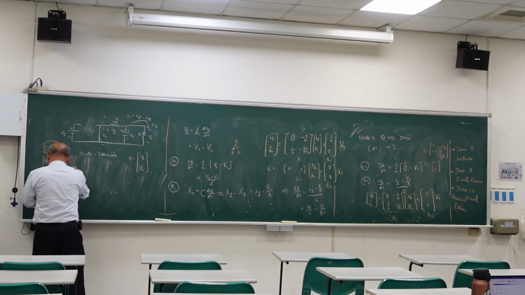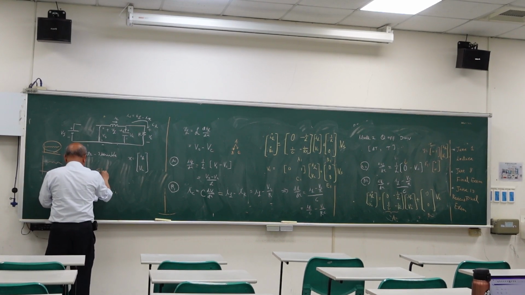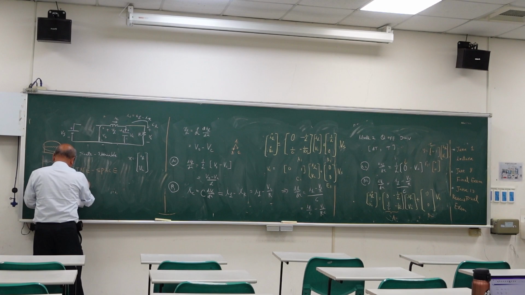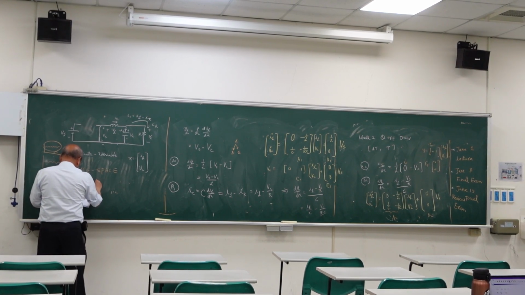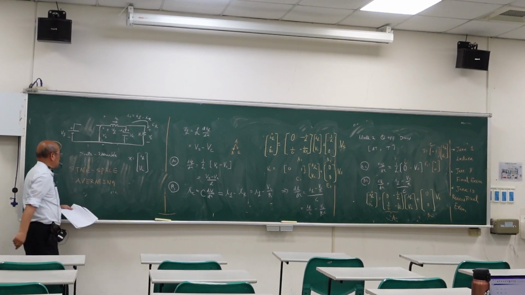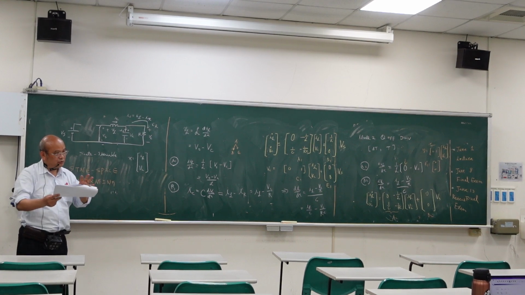We call this state space averaging, because we switch quickly.